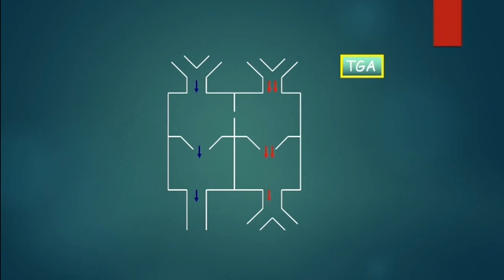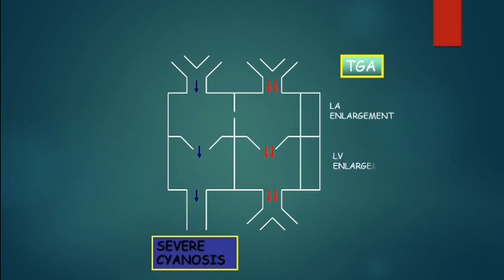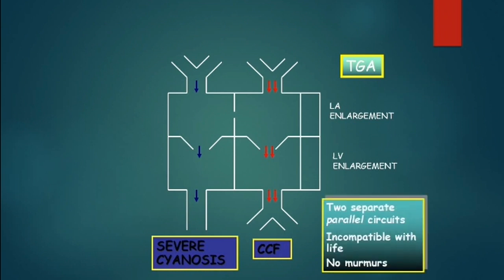Whereas the oxygenated blood comes through the pulmonary veins into the left atrium, then to the left ventricle, and to the pulmonary artery to go on through the continuous parallel circulation. This results in severe cyanosis, and without any mixing at any level, the patient will not survive.